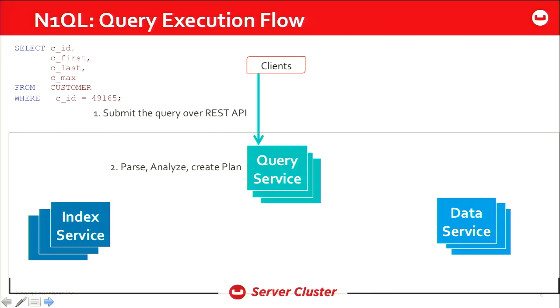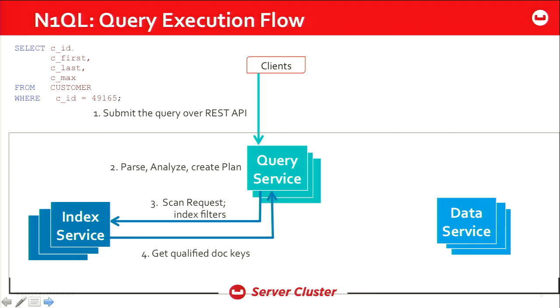Once the query plan is created, if this query happens to use any of the indexes available, this index can be a GSI index that sits separately as a service, or it can be a view index that's co-located with the data services. We go ahead and use that index to filter out the documents that qualified for the query.